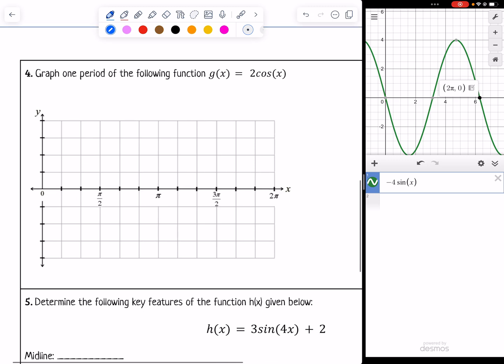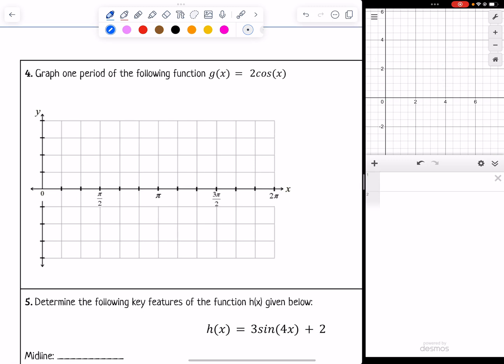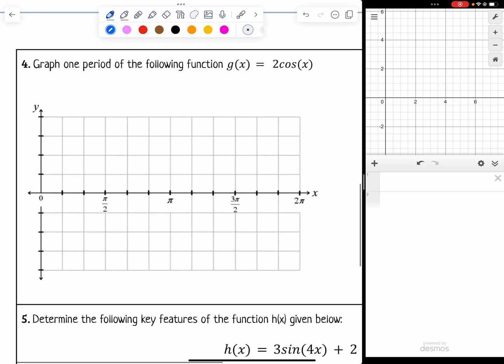So number 4 says graph 1 period of the function g of x equals 2 cosine x. So cosine graphs look like a U. And this one's going to have an amplitude of 2. So let's make a little tick mark at 2 and at -2. And then cosine starts at your amplitude value, unless there's a midline other than 0, which there's not in this case.